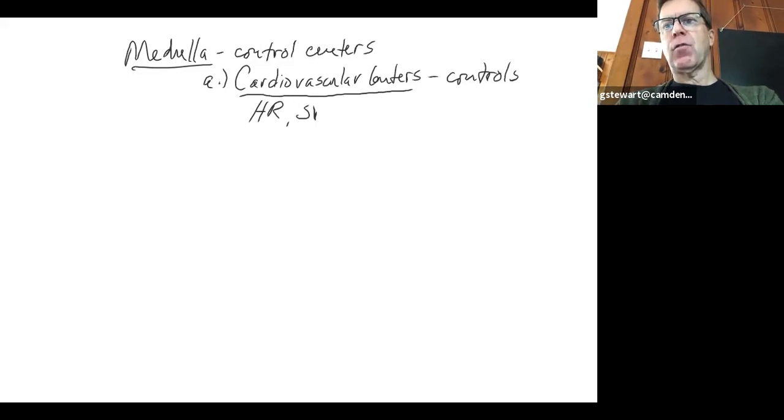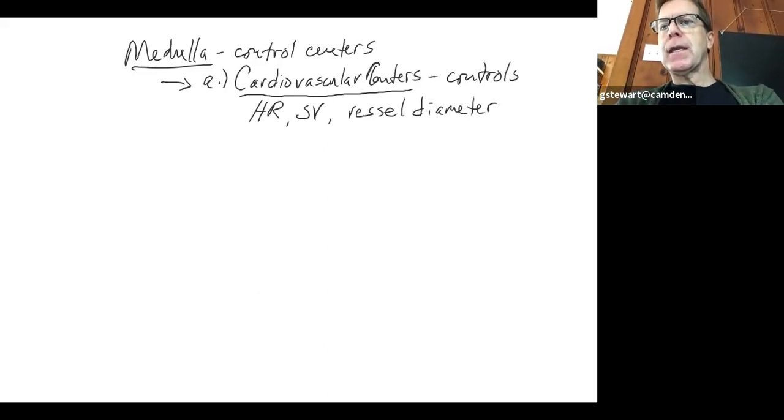So SV is stroke volume. That just means how forceful each contraction is. And then the vasomotor centers control things like vessel diameter. When our blood vessels constrict or dilate, that is all regulated, coming basically from the cardiovascular centers.